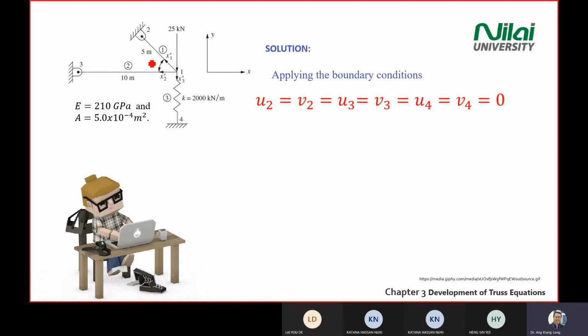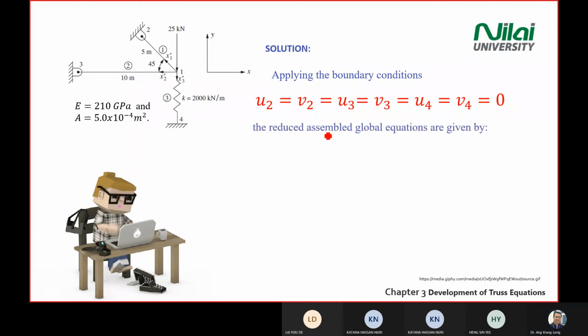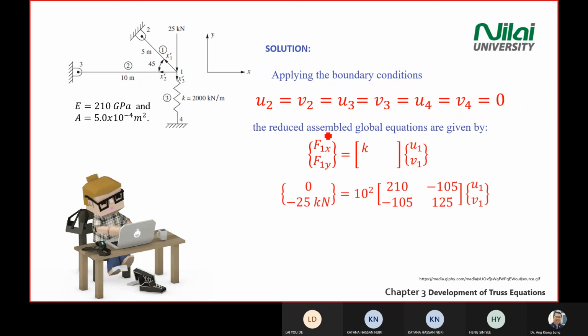So there's no displacement in point 2, 3, 4. So all these U2, V2, U3, V3, U4, V4 are 0. So it will reduce your equation after you build the global matrix.